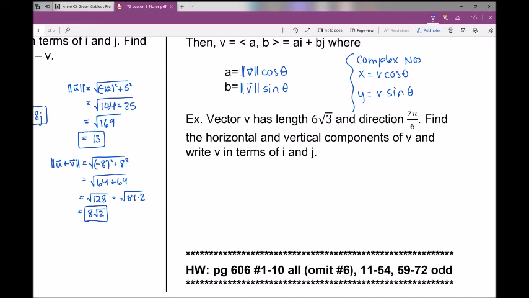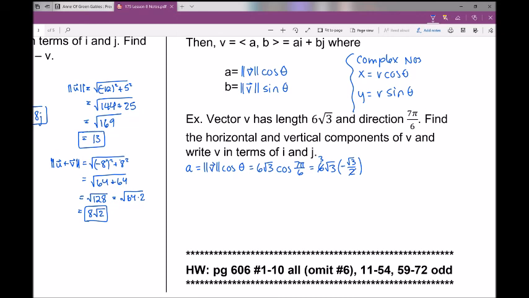So first of all, the horizontal component we know is the magnitude of v times the cosine of theta, which is 6 square roots of 3 times the cosine of 7 pi over 6, which is 6 square roots of 3 times negative square root of 3 over 2, which gives us, let's see, 6 and 2 cancel.